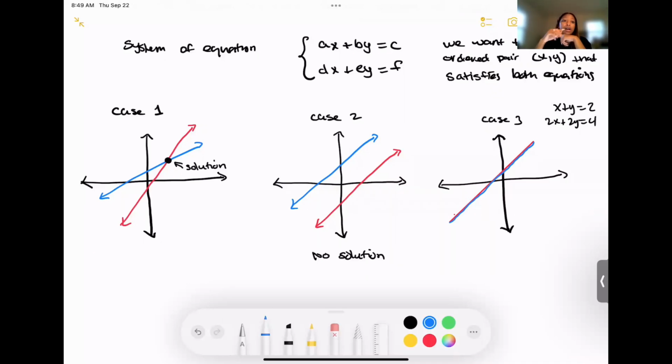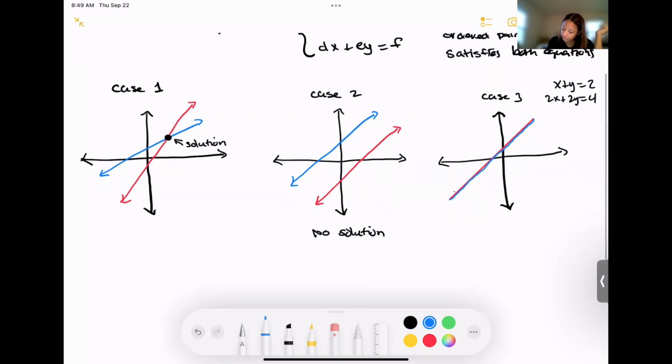So any point on the line would give us a solution to the system of equations. This is an example where you have infinitely many solutions. Every single point on the line is a solution, okay? So infinite solutions, and we find the solution by finding a point on either line, every point on the lines.